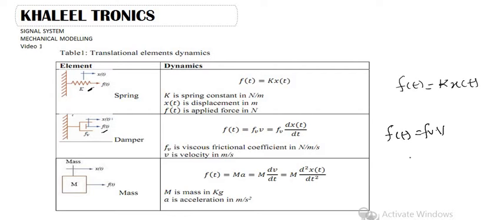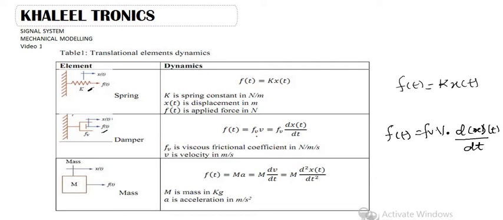In the direction of T, the velocity is the first derivative, dx of T over dt, that's the first derivative with respect to T.